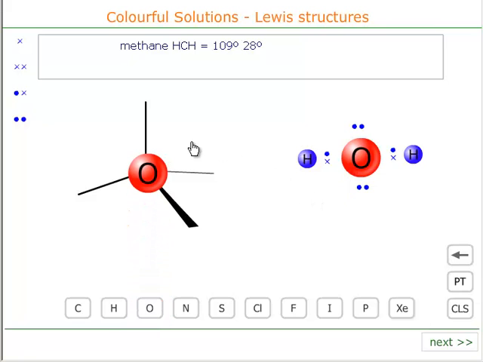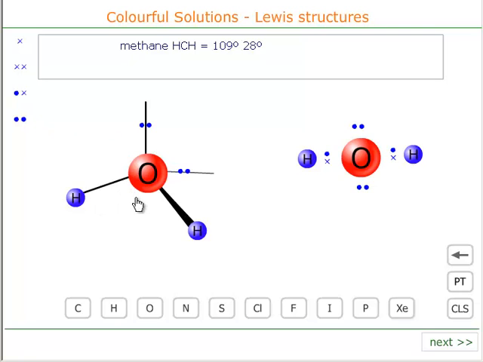So oxygen occupies the central atom position, and 1, 2 hydrogens, and of course we've got 2 lone pairs.